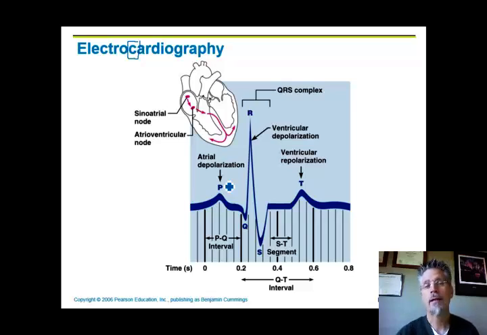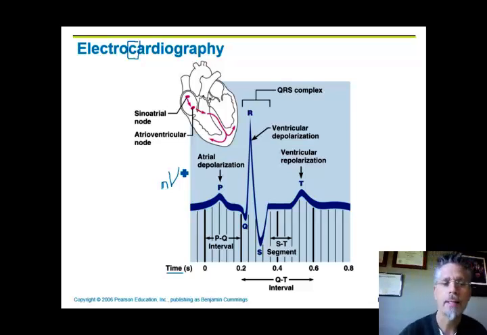And so that electrical signal will move through our conductive tissues and can be measured on the surface of the body. So you need to be able to write out or draw out a typical ECG output with labeling your curves, labeling your axes as well as your curves. So time on the x-axis and then millivolts on the y-axis. Okay? For shame that the book didn't label their y-axis.